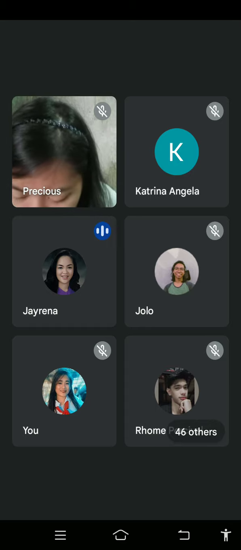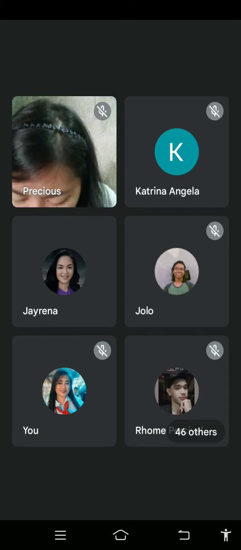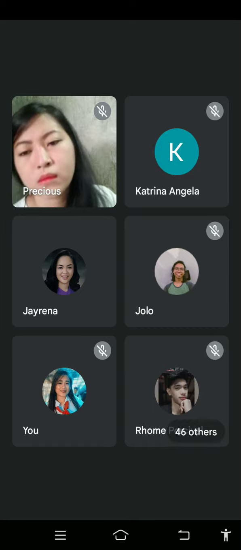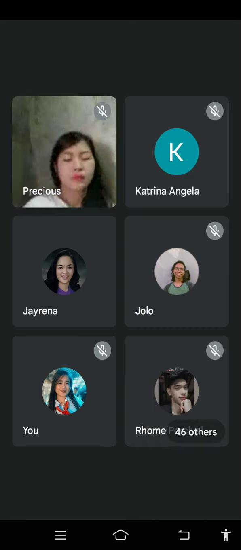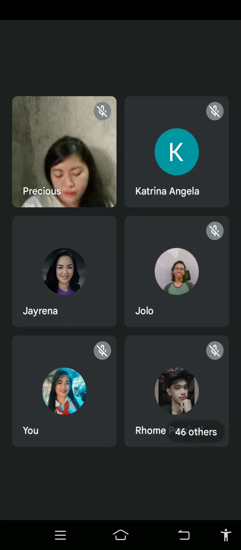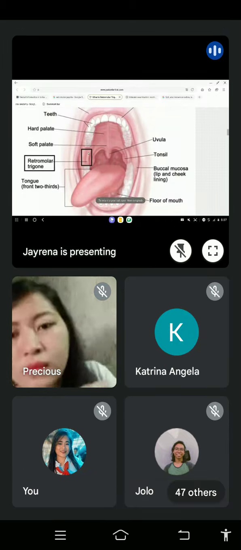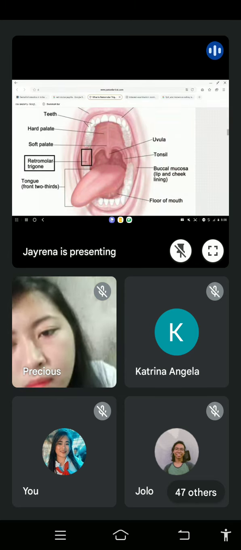Wait lang. Next is your retromolar papilla. A retromolar papilla is an extension of your gums or your gingiva.